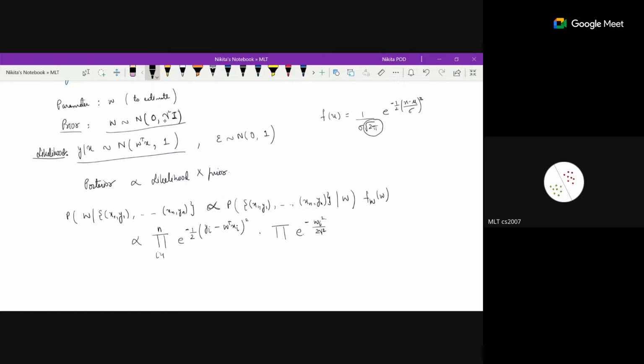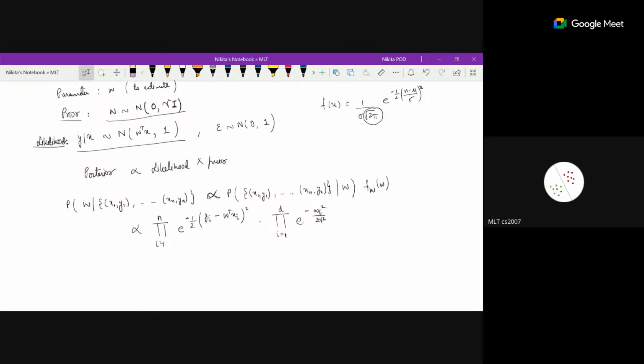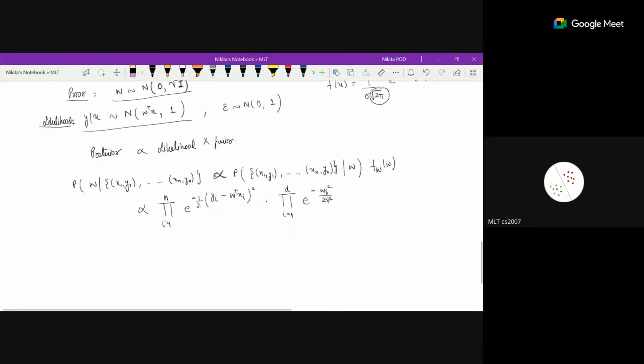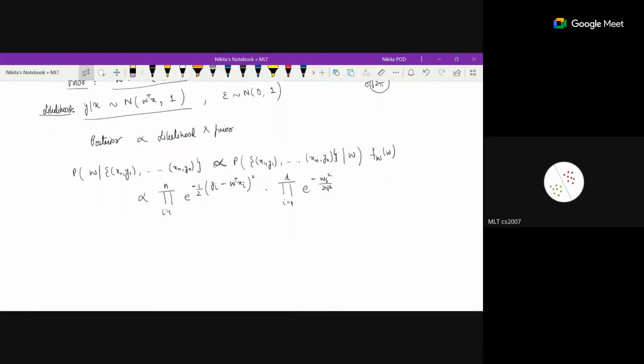This is our variance. And how will i vary? i varies from 1 to d here, because where does w belong? When we write the linear regression problem, my w belongs to R^d. It's in d space. So i is varying from 1 to d. Now what happens after this?